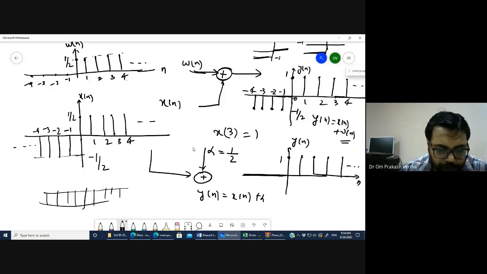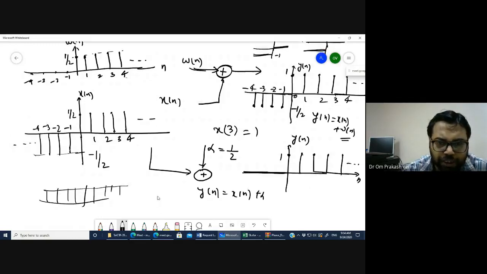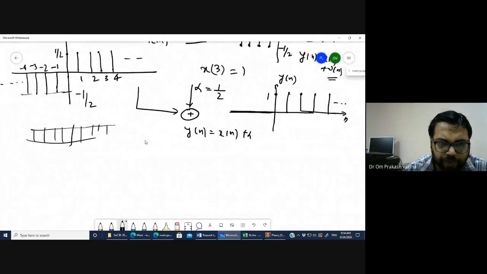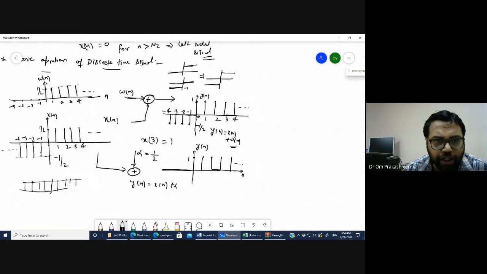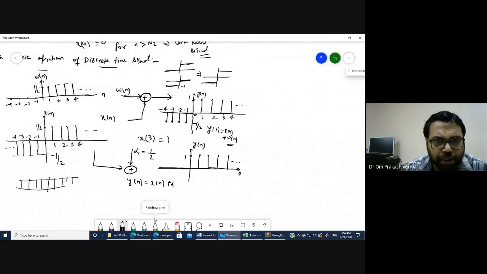Okay, so now see the multiplication case. What happens when this x[n] and w[n] are going to be multiplied? I'm changing the color of the pen so you can understand it.